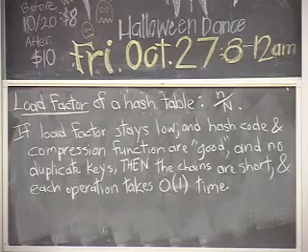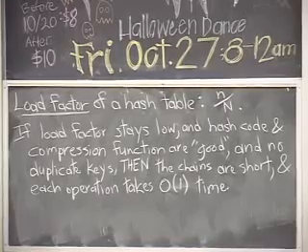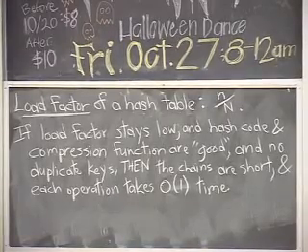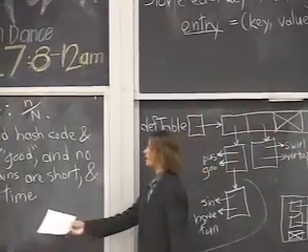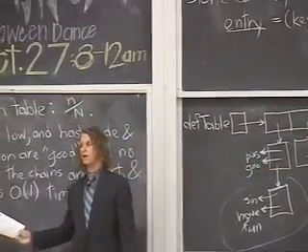But what it comes down to is that the running time of any hash table operation depends on how big the chain is that you have to search through. And so if the chains grow long, it's not going to take big O of 1 time anymore.